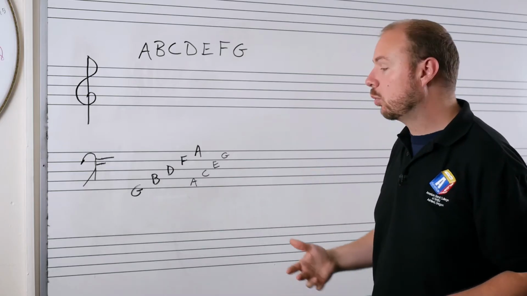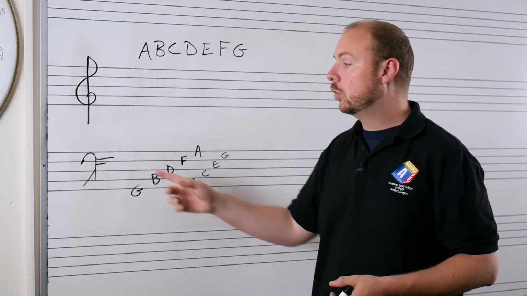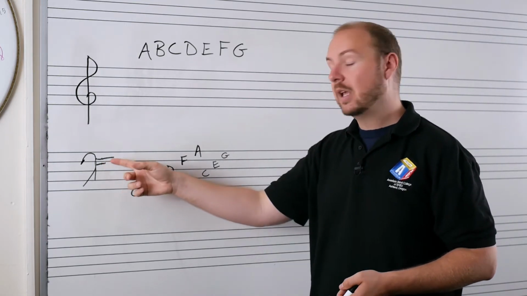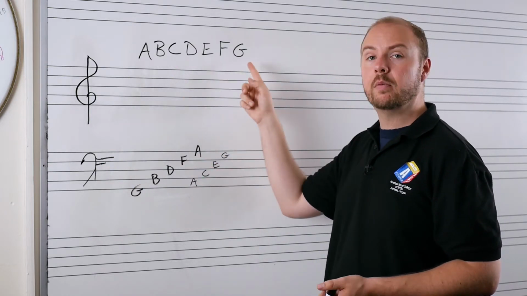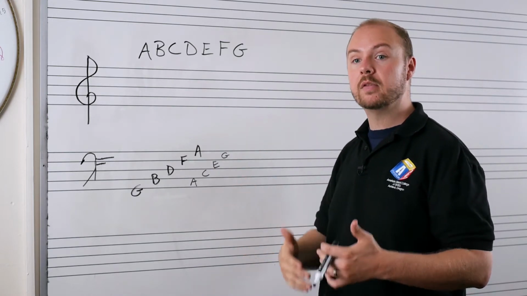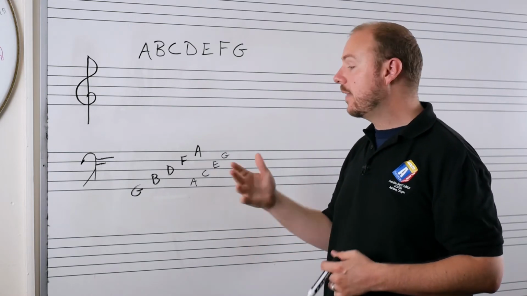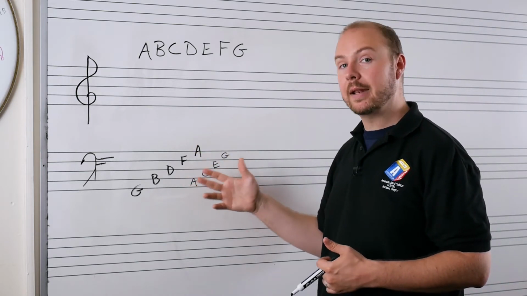So if you're having trouble remembering your lines and spaces in order, you can use the bass clef or F clef at least to get you started. Then remember your musical alphabet, just moving forwards or backwards, line, space, and that will help you remember what note you should be reading at that time.